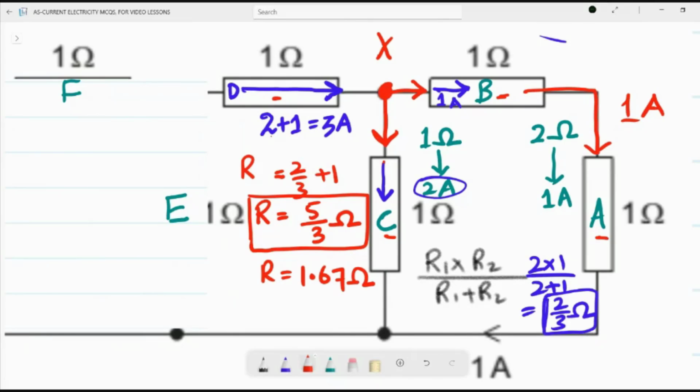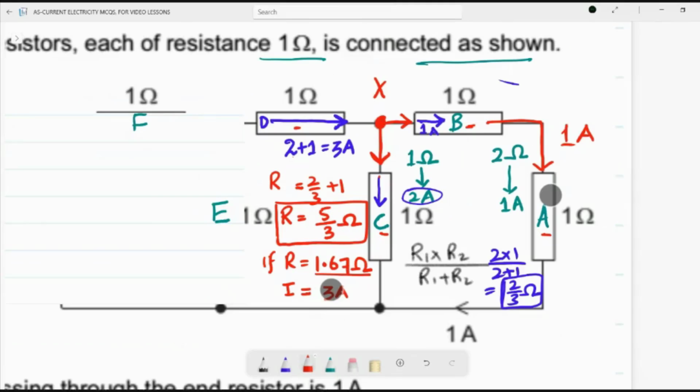Now, if the resistance is 1.67 ohm, the current flowing through this 1.67 ohm is 3 ampere. This is the information revealed till this point.